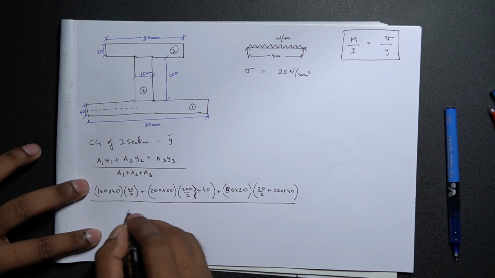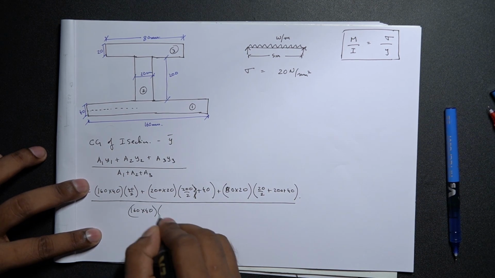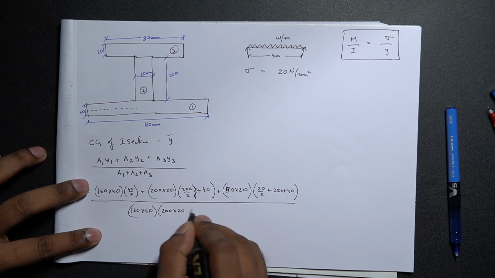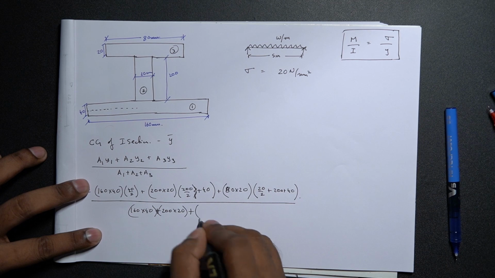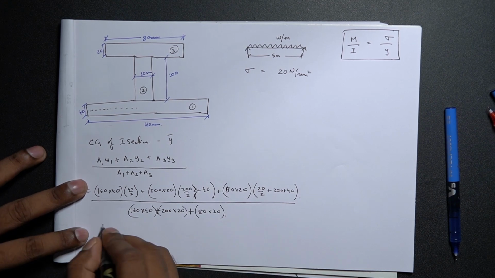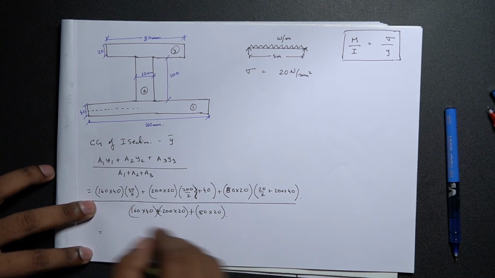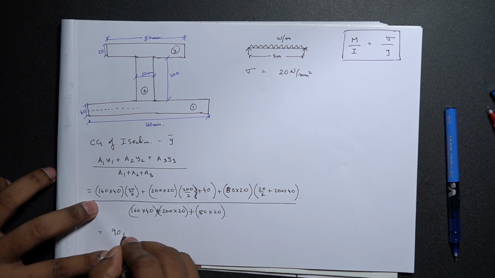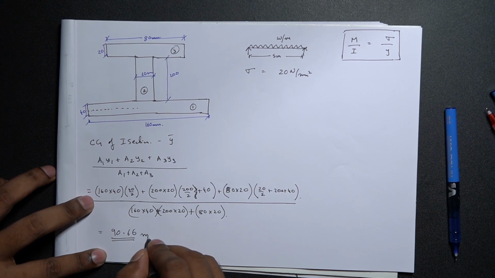This is divided by all the areas combined: 160 into 40, plus 200 into 20, plus 80 into 20. Now, I have already solved this, and solving the entire thing deduces to an answer of 90.66 mm.